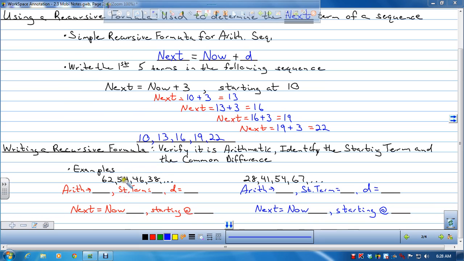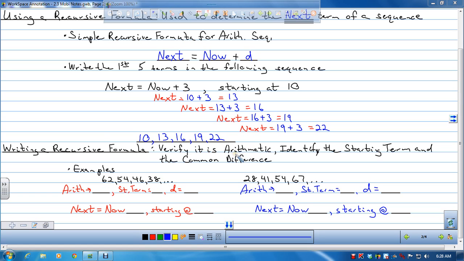Now we're going to talk about writing one of these recursive formulas if we are given a sequence. So, if we were given this, we should be able to come up with this sequence or this formula right here. So, the first thing you want to do is verify that your sequence is in fact arithmetic.